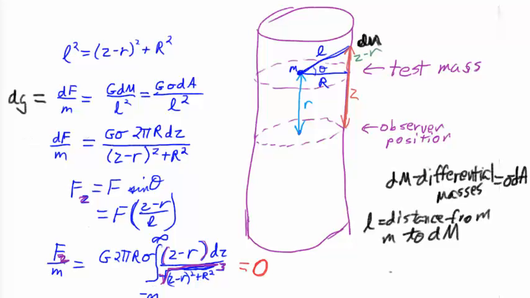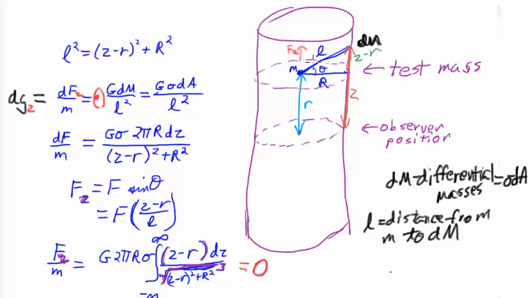Now we can use a symmetry argument to say that all of the x and y components on this mass are going to cancel out. So all we're left with is a force in the z direction. So I'm going to say dg sub z, dF sub z over m, and I'll put a note there, dot dot dot.